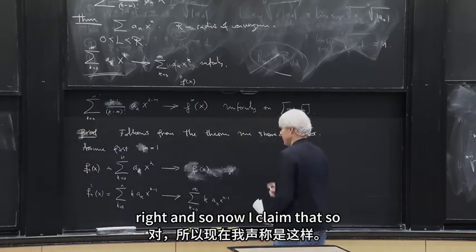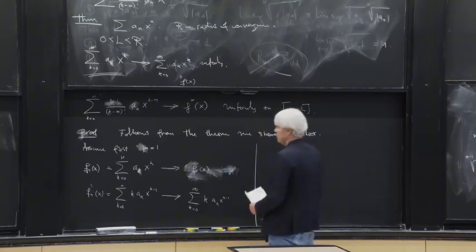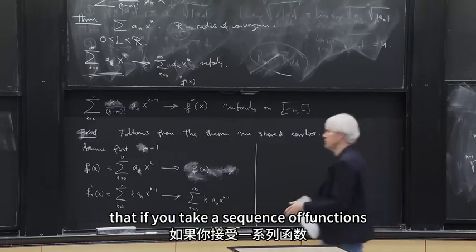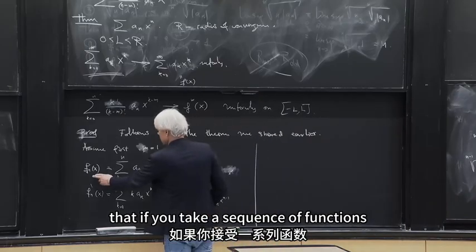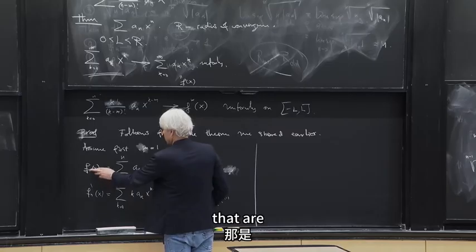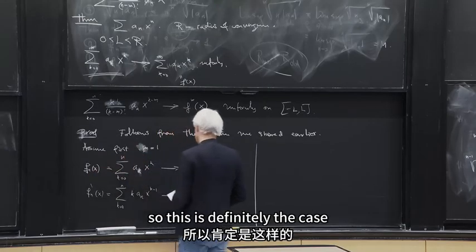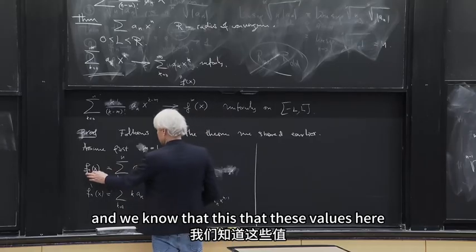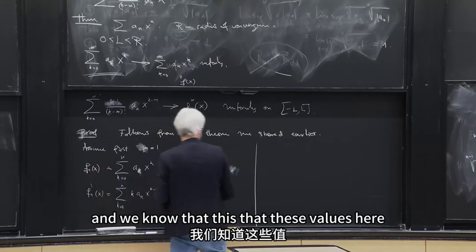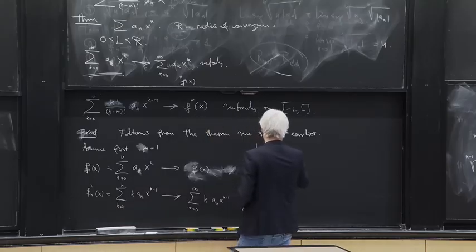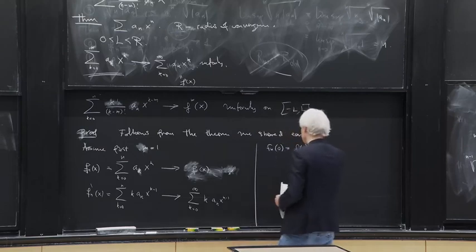And so now I claim that the theorem that we proved earlier is that if you take a sequence of functions that are differentiable and their derivatives are continuous, these are all polynomials, so this is definitely the case. And we know that these values here, f_n at zero, are equal to f of zero.